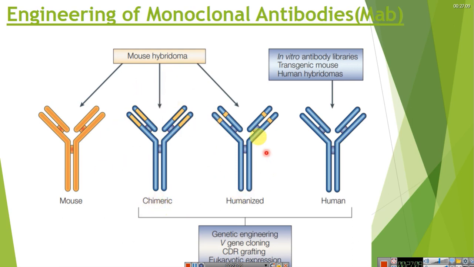Then when only the CDRs are of mouse origin and the rest of the antibody is of human origin, it's a humanized antibody. So we are progressing towards more and more human-like amino acid sequence on the antibody molecule. Now this is a completely human antibody with human amino acid sequence. Now in vitro antibody libraries, we will see how the libraries are used for production of these kinds of antibodies.